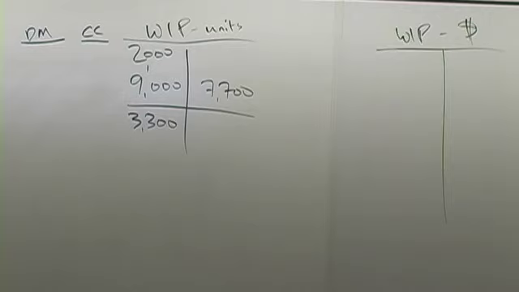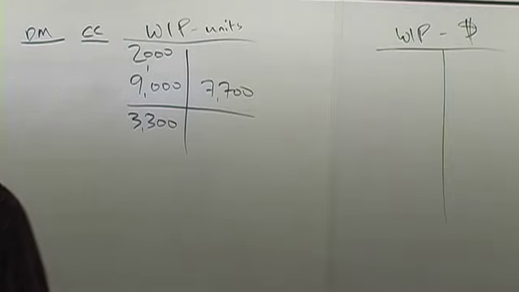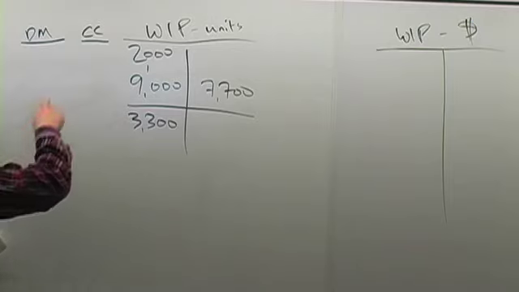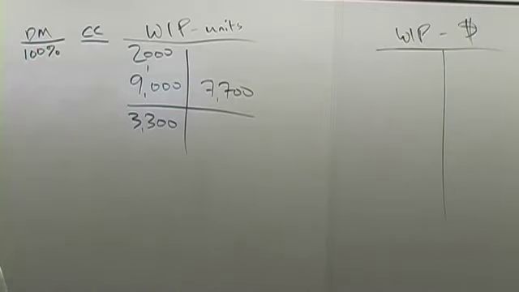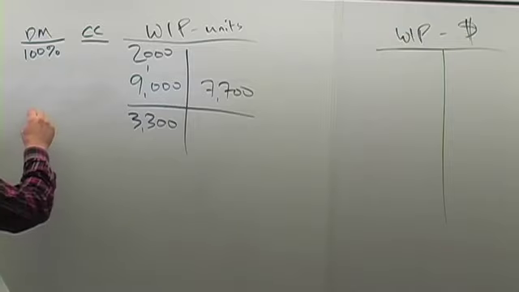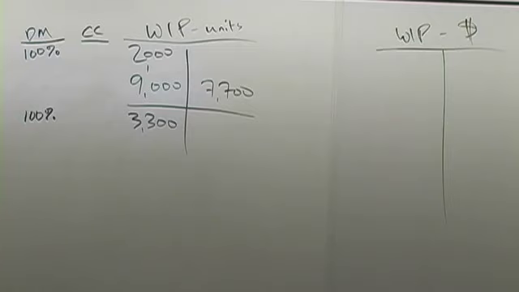Both beginning and ending work in process had all material added. If you look at that sentence, that's important. It means they were 100% complete with respect to direct materials, okay?